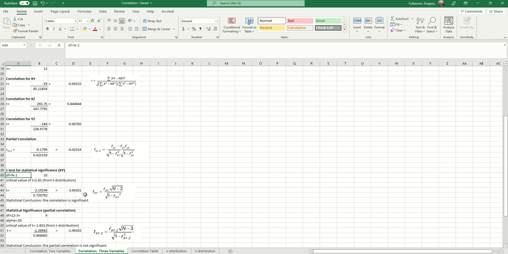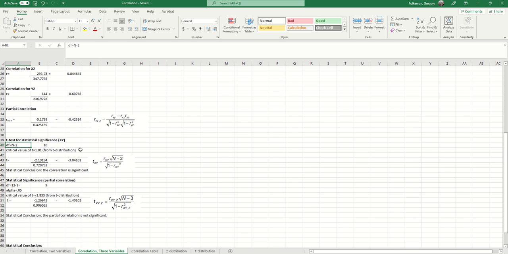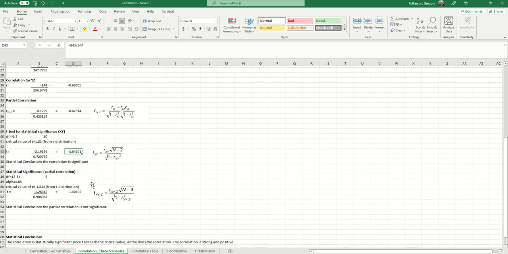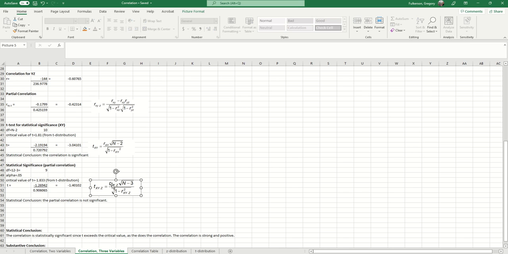So here's how we test for statistical significance for the correlation. Same as before, right? We did this on the previous example. And then we have a special test for the partial correlation. The formula for that is here. So calculating t for a partial correlation involves the partial correlation. Similar formula here, but now n minus 3 degrees of freedom.